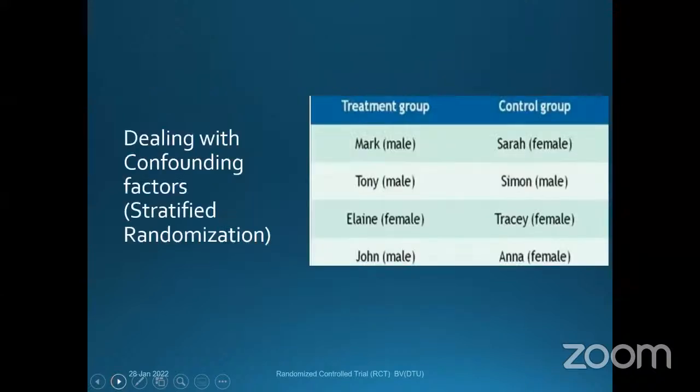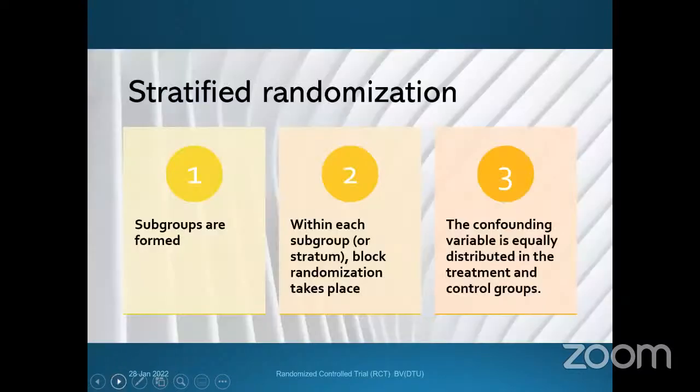Dealing with confounding factors: stratified randomization. You require male and female separately in treatment groups and control groups, so you add another factor, gender, into that. Subgroups are formed in stratified randomization. Within each subgroup, block randomization takes place, and the confounding variable is equally distributed in the treatment and control groups.